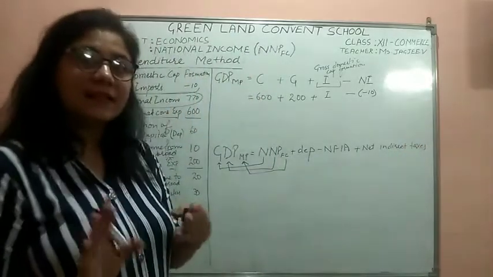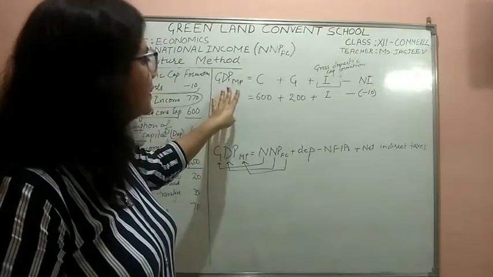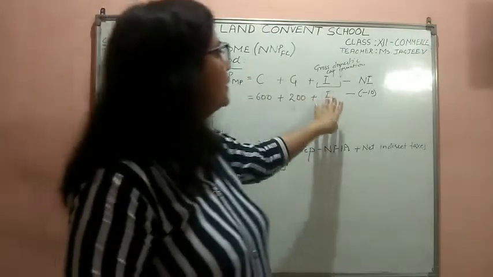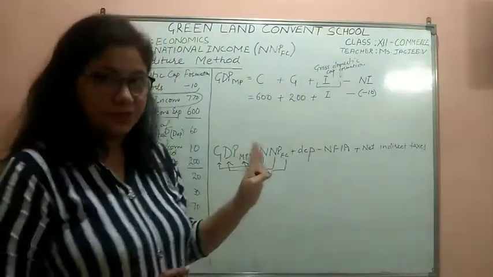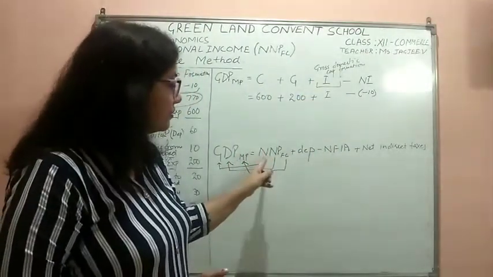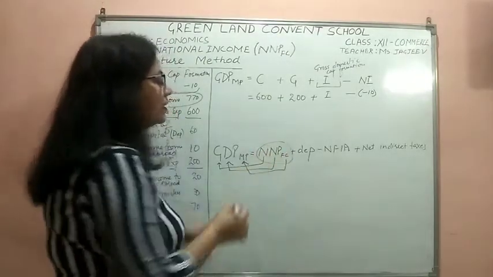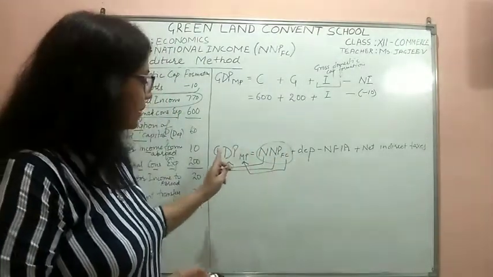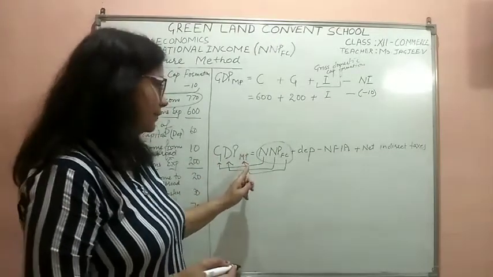So, is this clear? GDP at MP is what we require. If we get GDP at MP, we can easily find gross domestic capital formation, the I component. Now in the question, one more piece of information is given to you, that is NNP at FC. With NNP at FC, we are required to find GDP at MP.